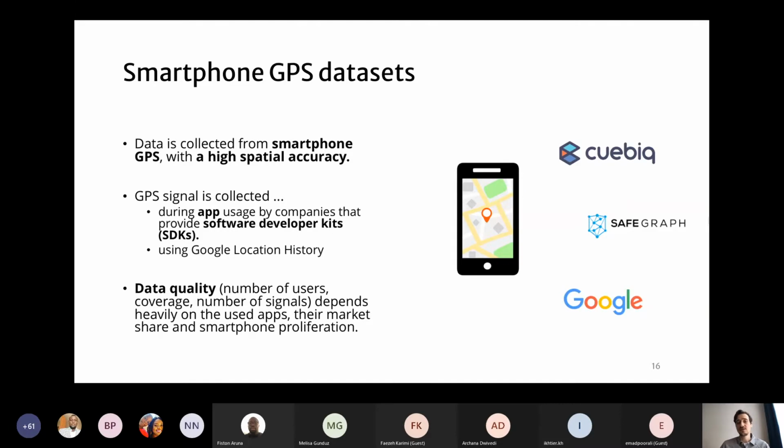So this can lead to this GPS data not being as ubiquitous as the mobile phone datasets or CDR datasets that I've talked about before, because it necessitates a good proliferation of smartphones in an area, which can often not be the case for low and middle income countries.